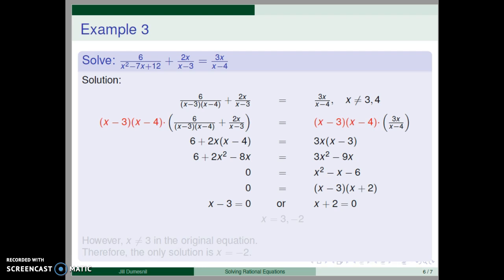Therefore, one of the factors must equal 0. We get that x equals 3 or x equals negative 2. However, from the listed restrictions, we know that x equal 3 is extraneous, and therefore x equal negative 2 is the only solution.